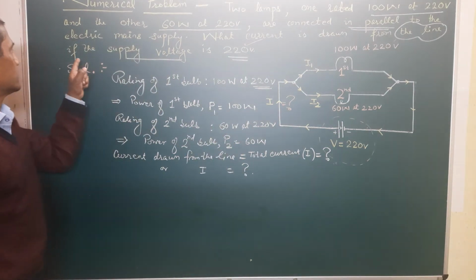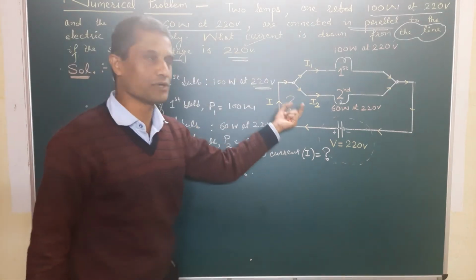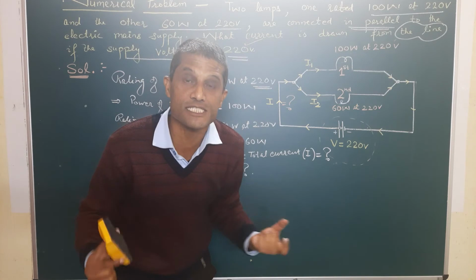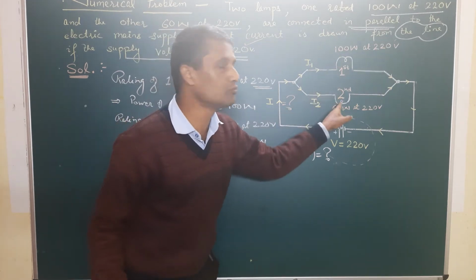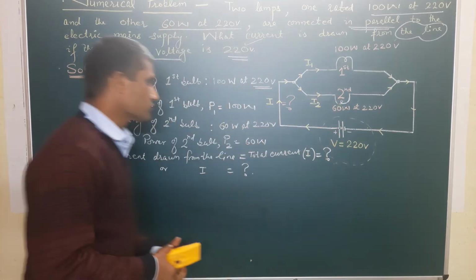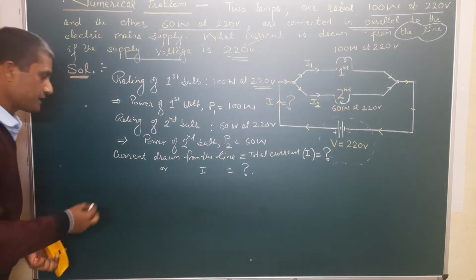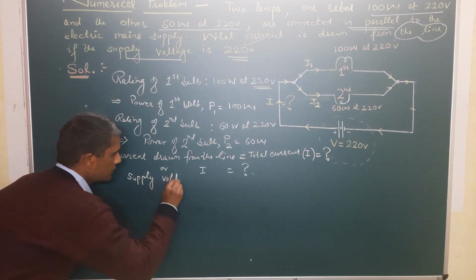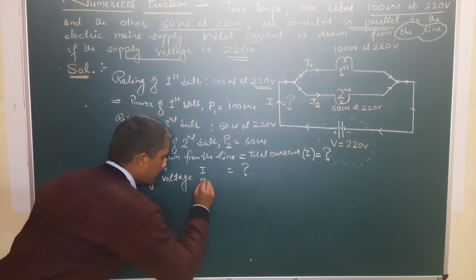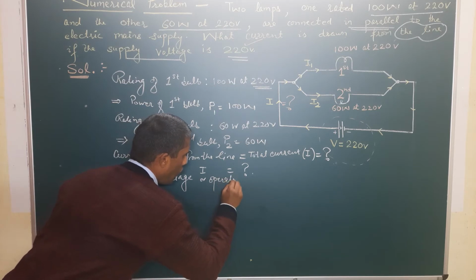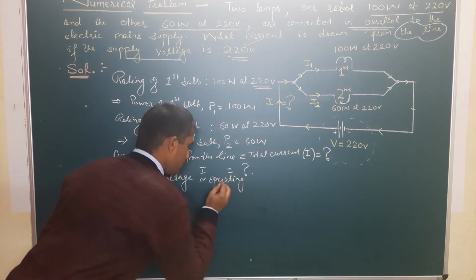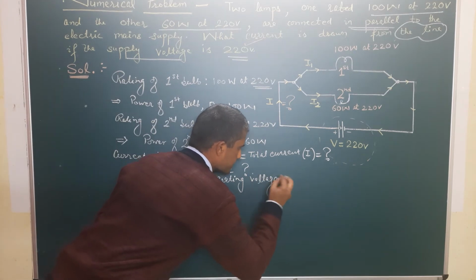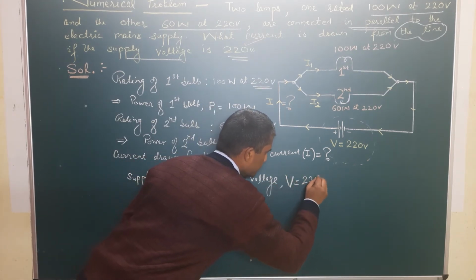Now next, the supply voltage is 220 volt. This is the operating voltage, the voltage under which these two bulbs are going to operate. So it is called supply voltage or operating voltage, and it is V, here 220 volt.